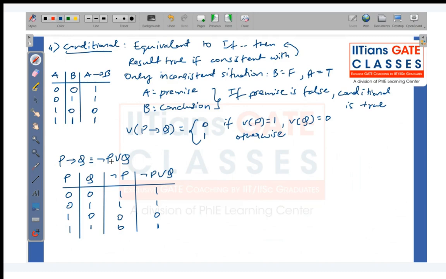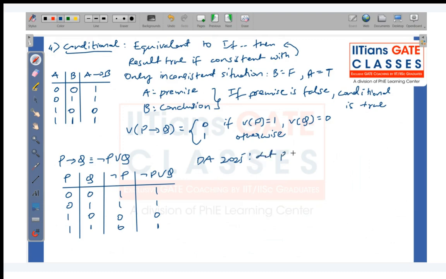Seriously, this concept was asked last year only. Mention this. In DA 2025, one question was there. I think I can mention it over here.